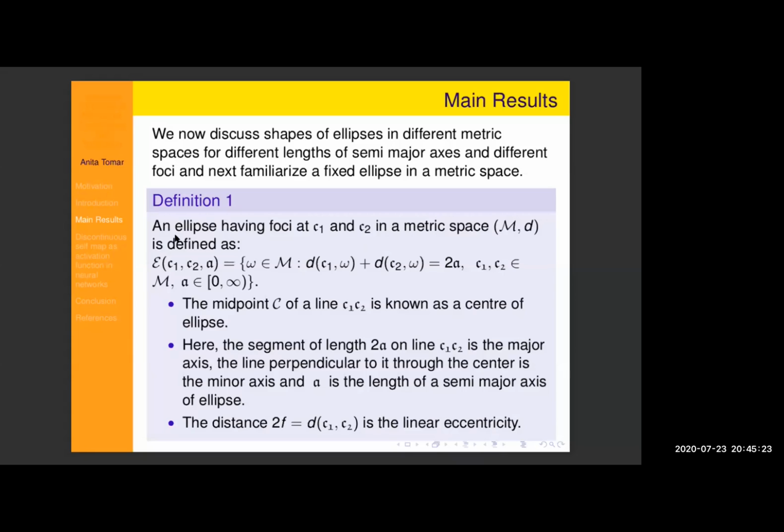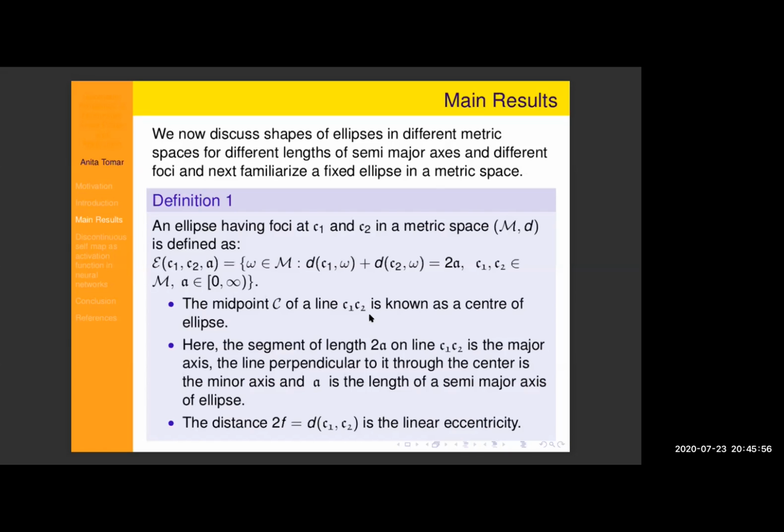So the ellipse having foci at C1 and C2 and length of semi-major axis A is defined as the set of all points W belonging to the metric space (M, d) such that the sum of its distances from the two foci is equal to 2A, where A is a positive real number. The midpoint of the line C1C2 is the center of the ellipse.